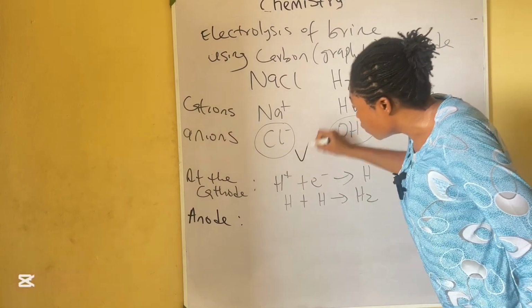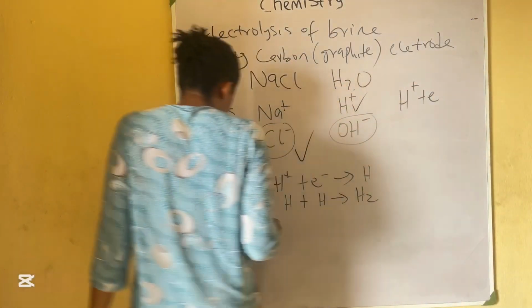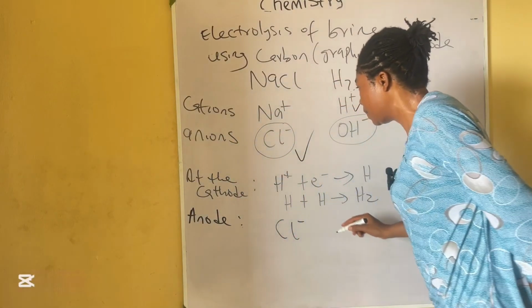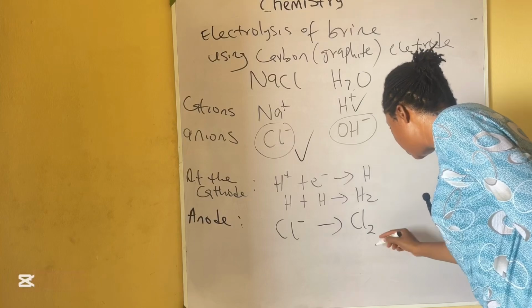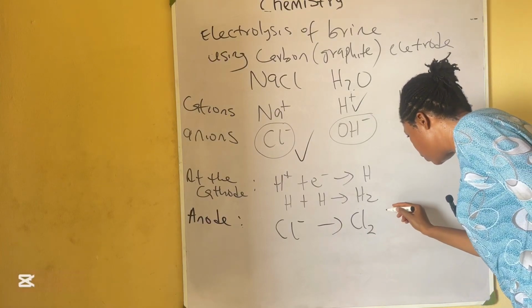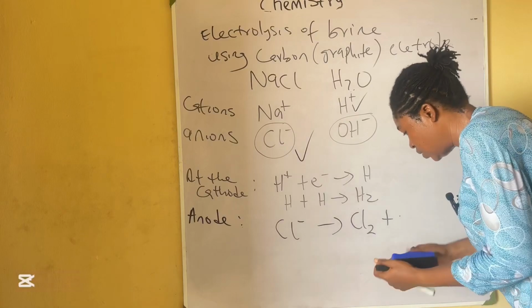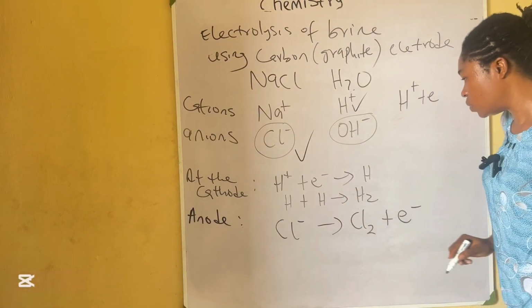So chloride ion will be preferentially discharged and it will discharge as chlorine gas. So chloride ion gives chlorine gas, with chlorine as a diatomic molecule, plus, okay, let me write this way, plus electron.